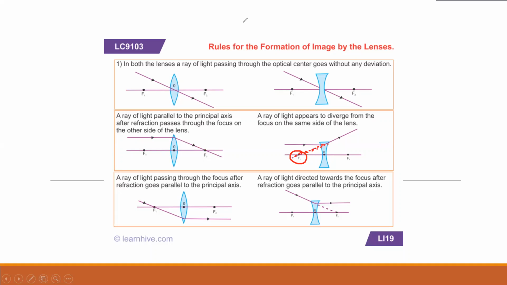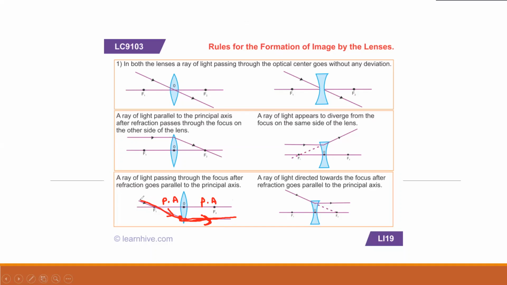The third rule of convex says: if a ray of light is passing through the focus, can you see this ray passing through the focus and striking here? This purple line is your principal axis. After striking, the ray becomes parallel to the principal axis.